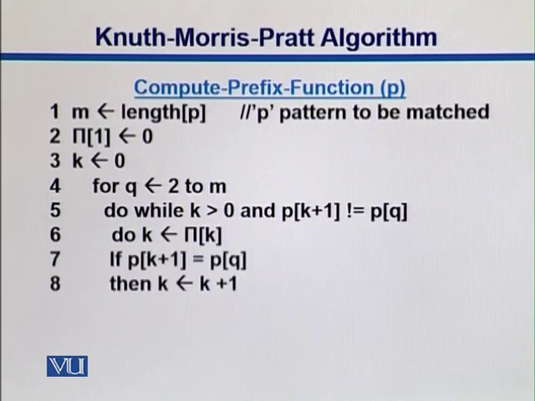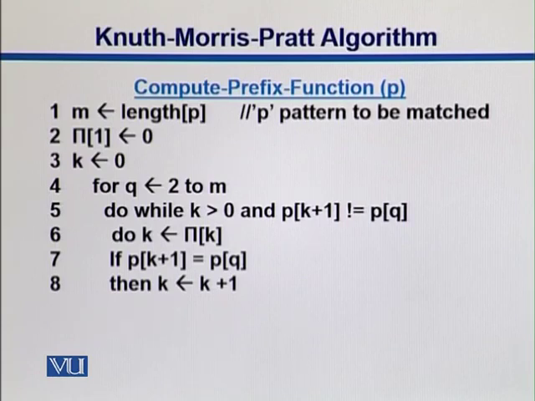If p of k plus 1 is equal to p of q, then we will update k to 1. So k is actually keeping track of how many matches we have found. If these conditions are not true, we will send pi of k into k. The value of k will be stored in pi of q.